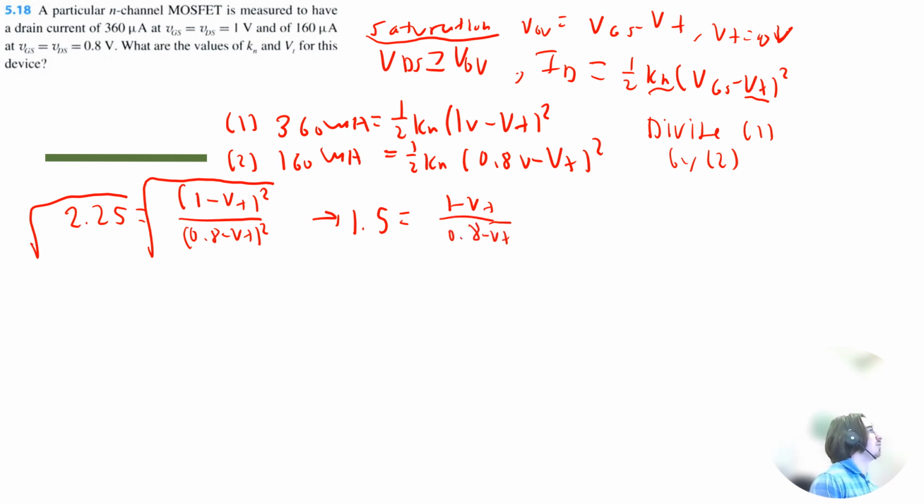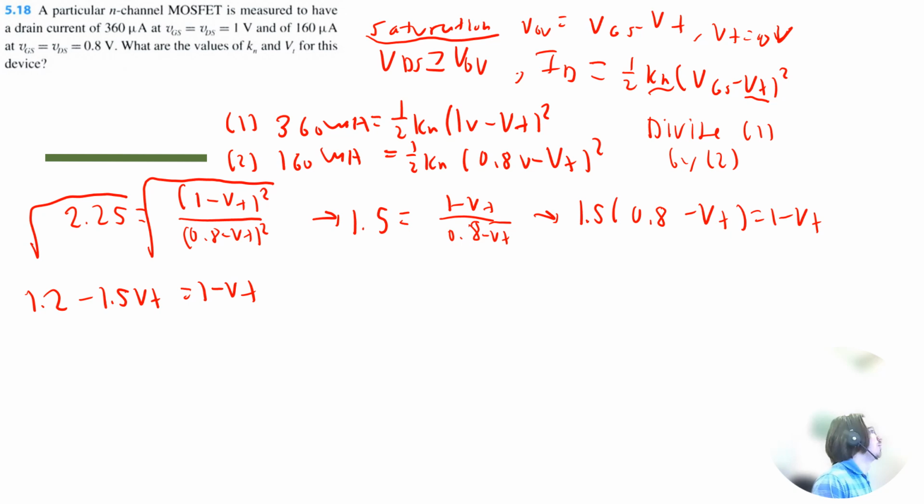So now we just need to solve for Vt. I'm going to multiply both sides by the denominator. So we get 1.5 times 0.8 minus Vt is equal to 1 minus Vt. We can distribute that 1.5. 1.5 times 0.8 is 1.2 minus 1.5 Vt is equal to 1 minus Vt.